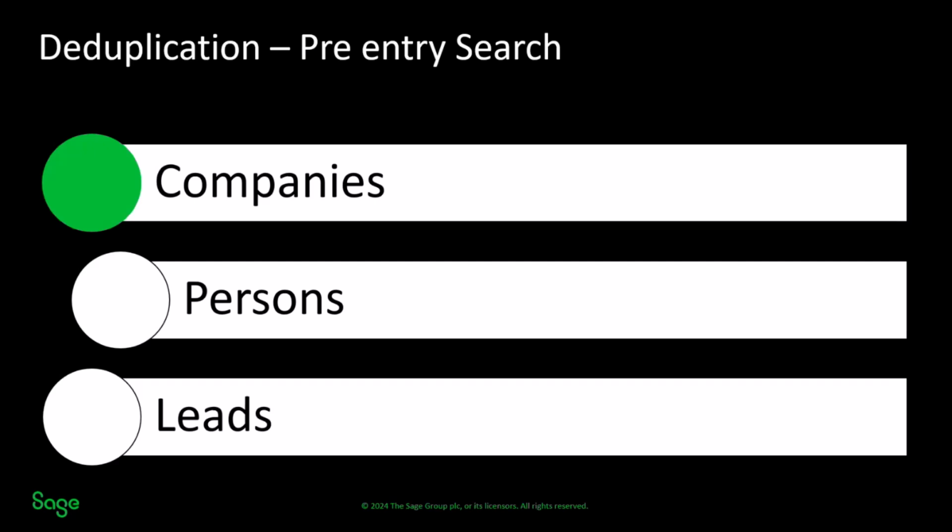What we're going to look at now is an additional level of pre-entry search that is just focused on the name of the company that starts to be entered into the database.